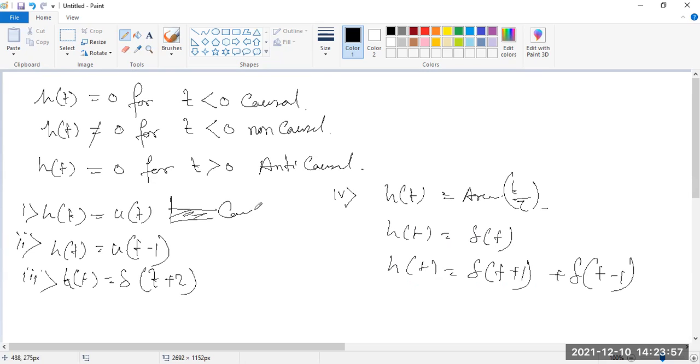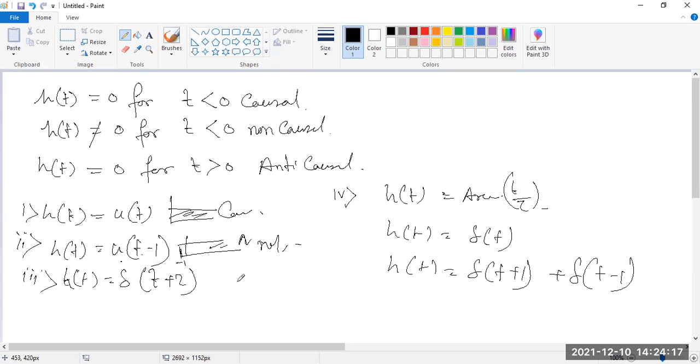So u(t), only the first part, this is causal. This is u(t minus 1), which means there is some minus 1 portion, so it is not causal.